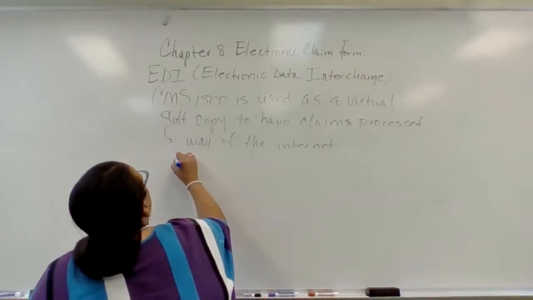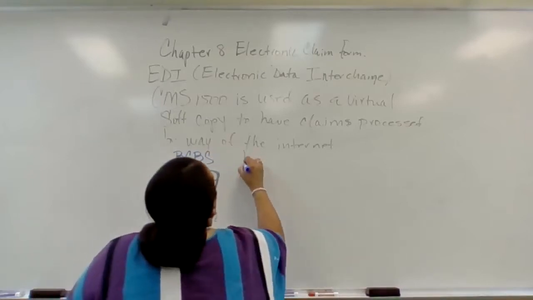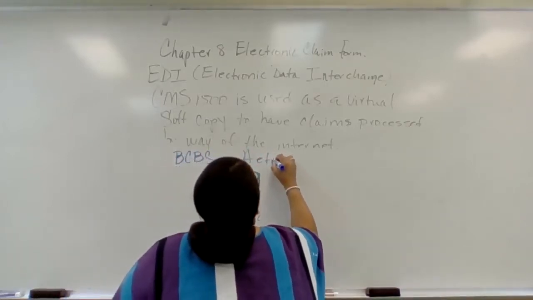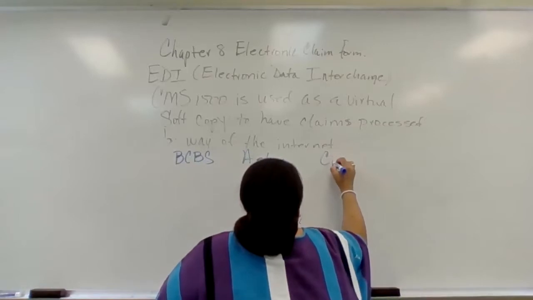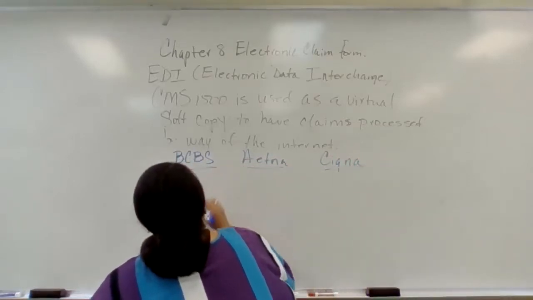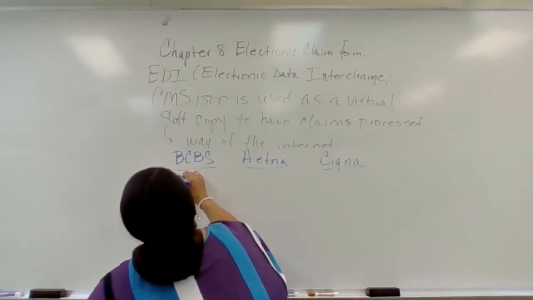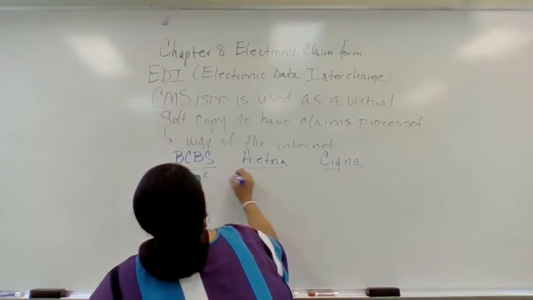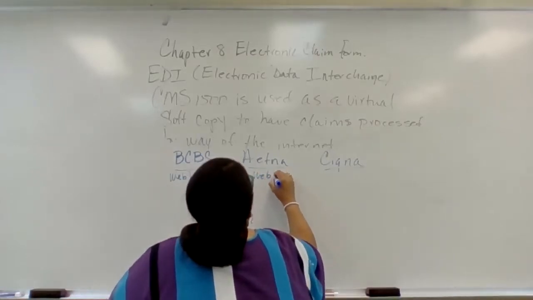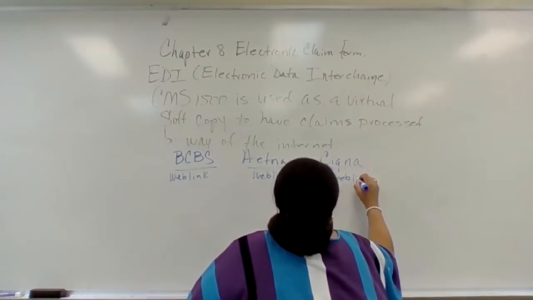Okay. So let's suppose we have Blue Cross, Blue Shield, and let's say we have Aetna. Okay. Let's say we have Cigna. Okay. Aetna, Cigna, Blue Cross, Blue Shield. Okay. So they have their web link. Okay. They have their web link. Okay. And they have their web link.